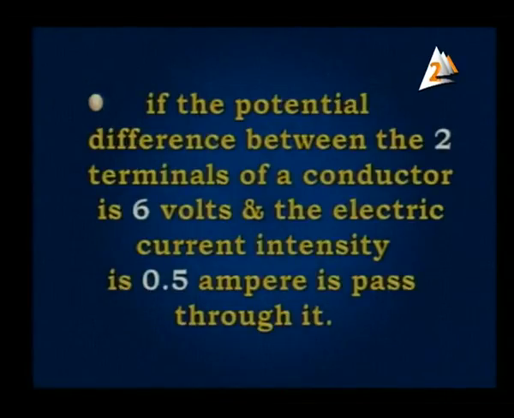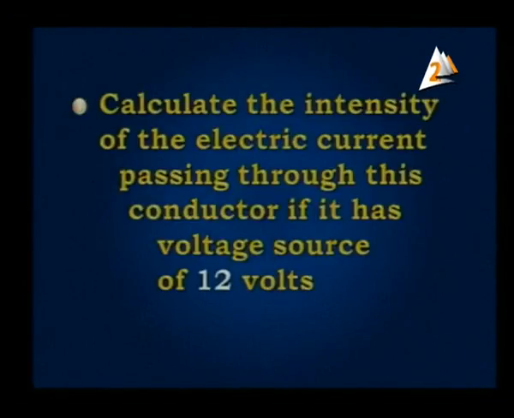Another problem: the potential difference between the 2 terminals of the conductor is 6 volts and the electric current intensity passing through it is 0.5 ampere. Calculate the resistance. Then I need another thing: calculate the electric current intensity that passes through this conductor if it has a voltage source of 12 volts.